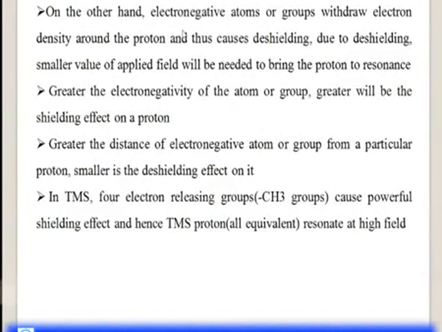On the other hand, an electronegative atom or group withdraws electron density around the proton and thus causes de-shielding. Due to de-shielding, a smaller value of applied field will be needed to bring the protons to resonance. Greater the electronegativity of the atom, greater will be the de-shielding effect on a proton, and greater the distance of the electronegative atom, smaller will be the de-shielding because of the distance.